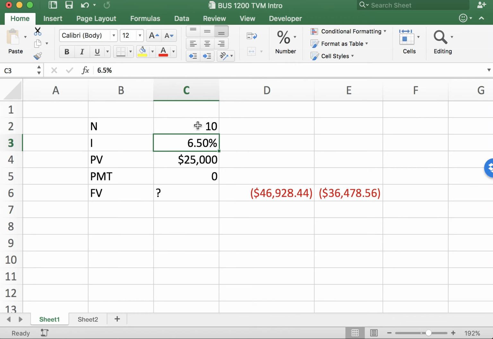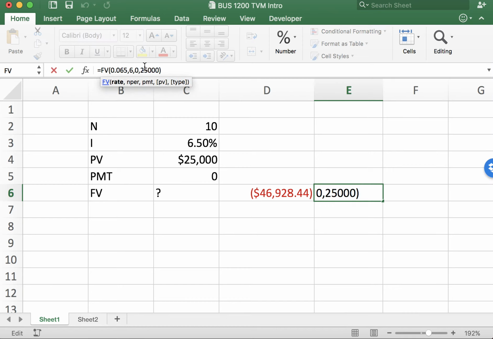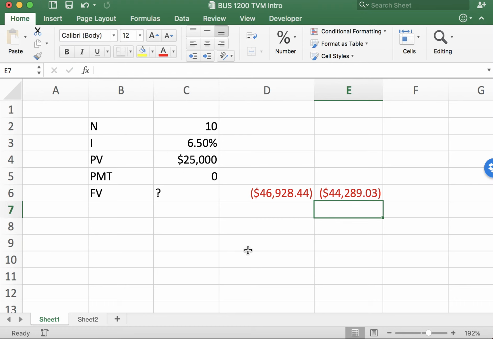So it's very quick to do it, and I can see what the information is, and it's quite quick to do modifications to. Over here, I can still modify this, right? I can change this 0.065. I want to get rid of the 0, the 6, and the 5, and I want to make it 10%. So it's 0.10, and I hit enter, and I get 289, 44, 289.